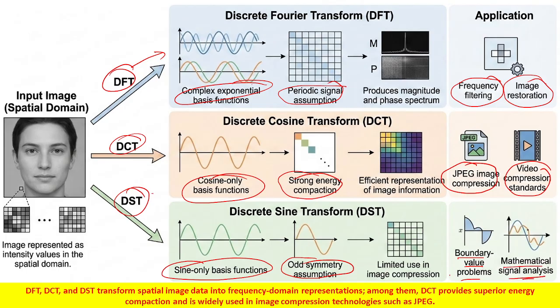It is not much used in the image processing industry. DFT, DCT, and DST transform the spatial domain image into frequency domain representations. Among them, DCT provides superior energy compaction and is widely used in image compression technologies such as JPEG.